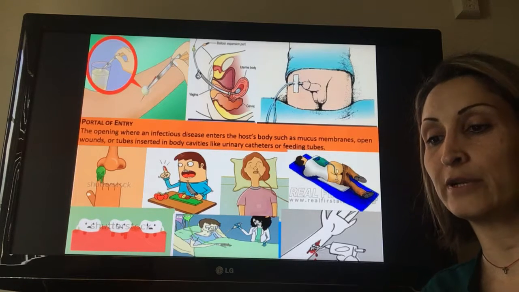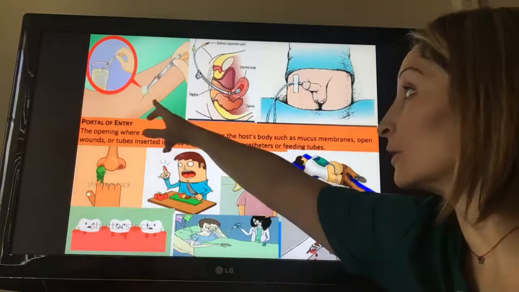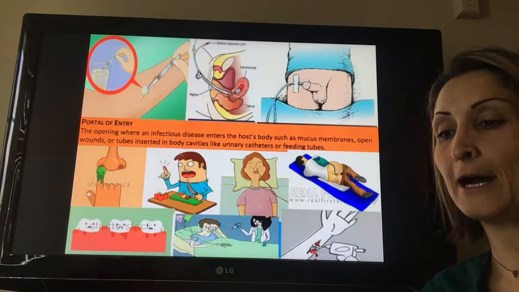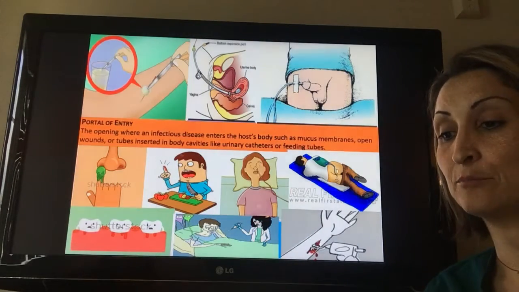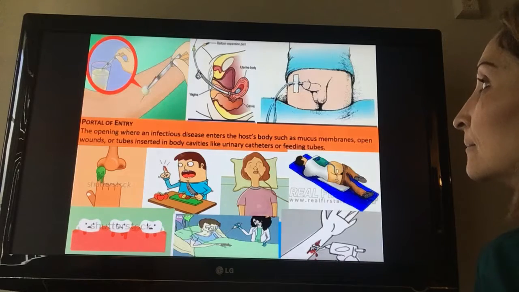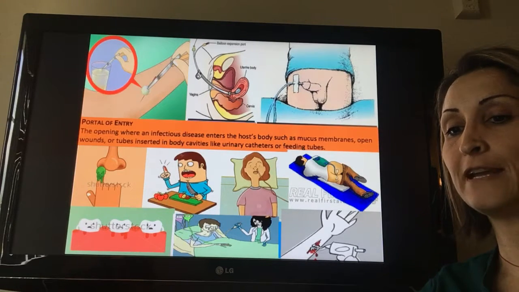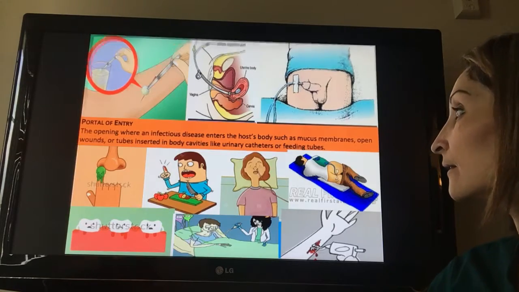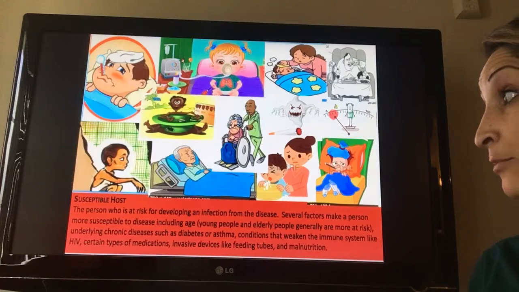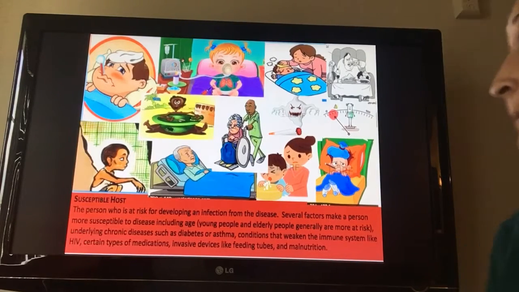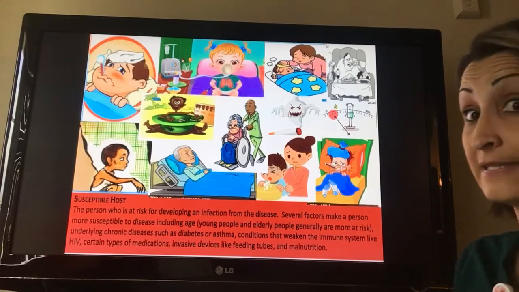Other portals of entry include the skin, like I told you, here in an open wound, the mucous membranes, and blood. And finally, we have the susceptible host, which is a person who is at risk for developing an infection from the disease.